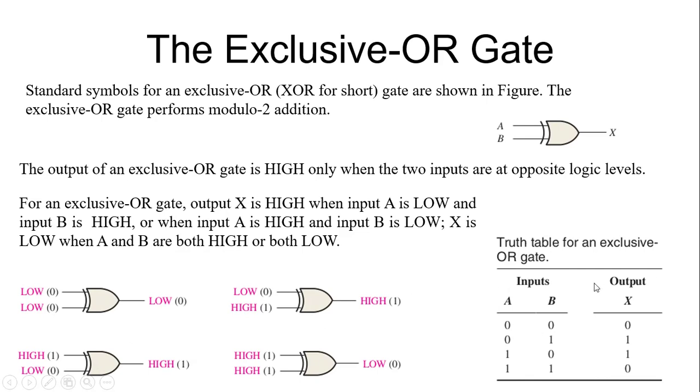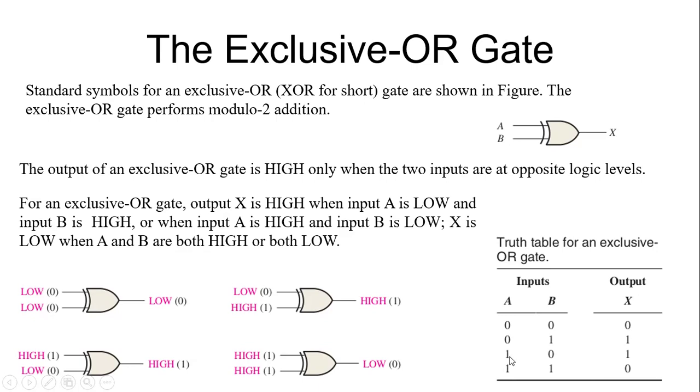This is the truth table of the exclusive OR gate. It summarizes the operation of the exclusive OR gate. We have two inputs, so we have four possible combinations: 0 0, 0 1, 1 0, and 1 1. When A is 0 and B is 0, the output is 0. When A is 0 and B is 1, the output is 1.